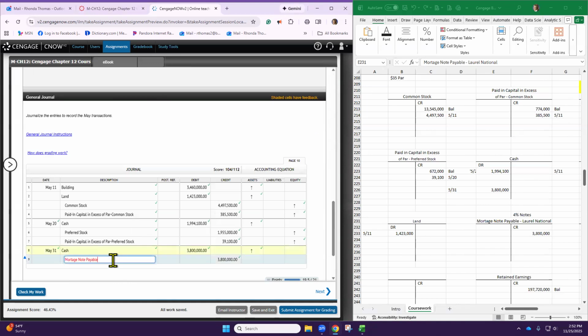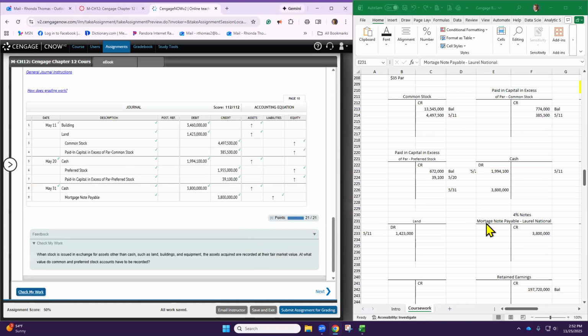Mortgage note payable. Why is that still red? Let's try it again. I guess I forgot to put the extra G there. I think this is right now. Okay, so that is those 3 entries. And that's all we had to do for this one.